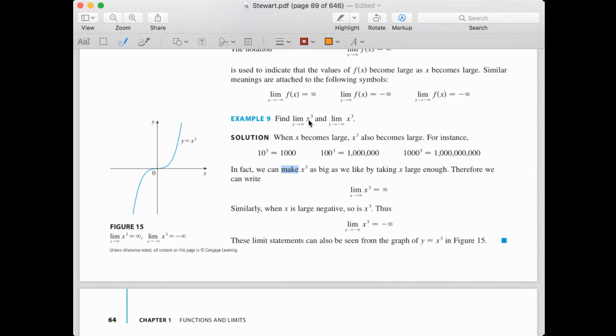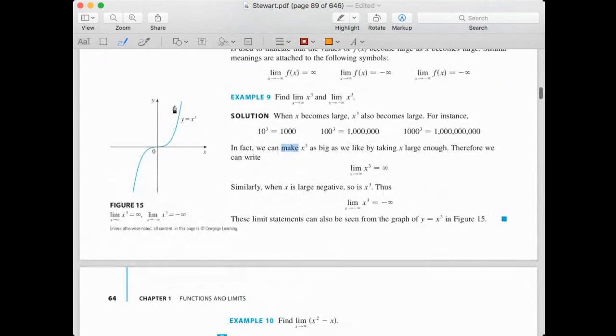Let's see, the limit of x cubed when x approaches infinity, that would be infinity. Same thing for negative infinity. As x approaches negative infinity, x cubed will go to negative infinity. So I have these two kinds of notations, like the graph shows. As the x value goes to negative infinity, the function value goes down to negative infinity. As the x value goes to positive infinity, the function value goes up to positive infinity.